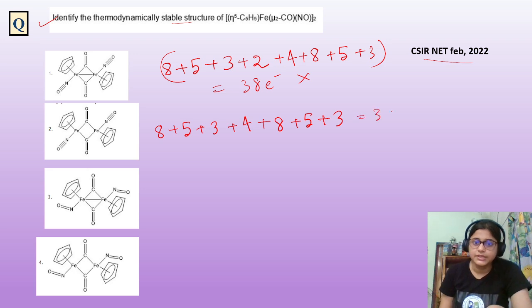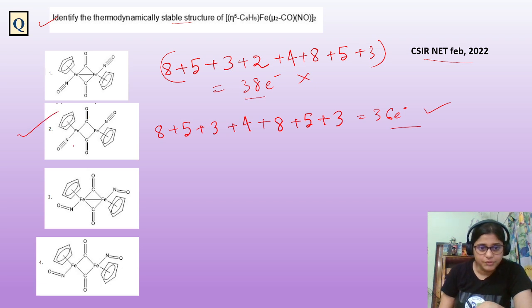So it will be 36. Here the metal bond is present in the previous one, so that's why we added 2. But if we cancel out these 2, it will be 36 obviously. So it will follow the 18 electron rule and it will be stable. So 2 will be the correct option.